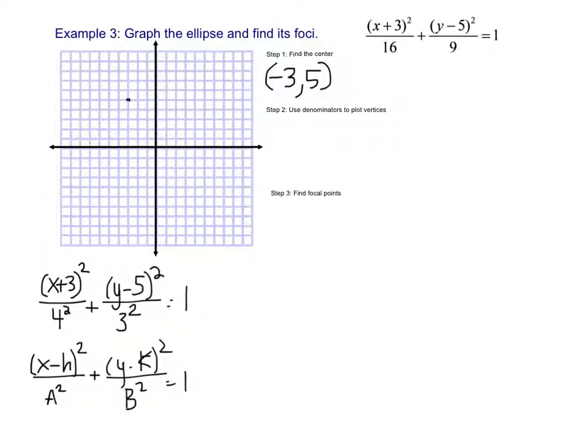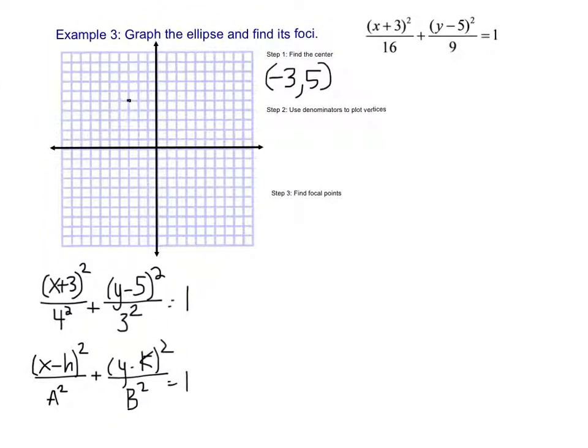Now we're going to use the denominators to plot what are called the vertices, so 4 points on the ellipse. This is very similar to the radius, but like we said, there are unequal denominators, so you're going to go an unequal amount in each direction. Look at the number underneath the x term.